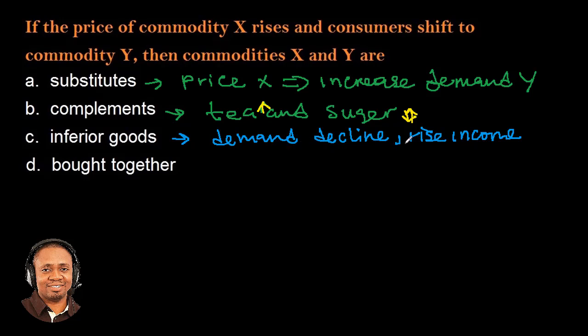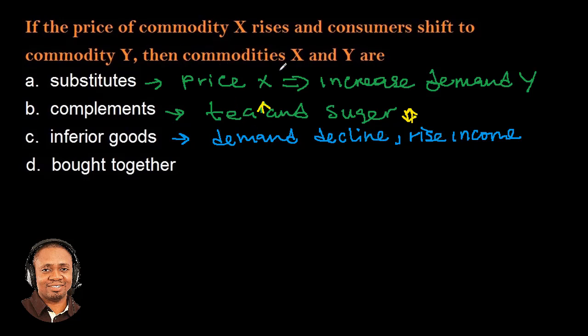Could be like electronics, or when you go to stores and you get some discount, you say I can't go for discount, these are cheap goods. So when your income increases, the demand will decline.